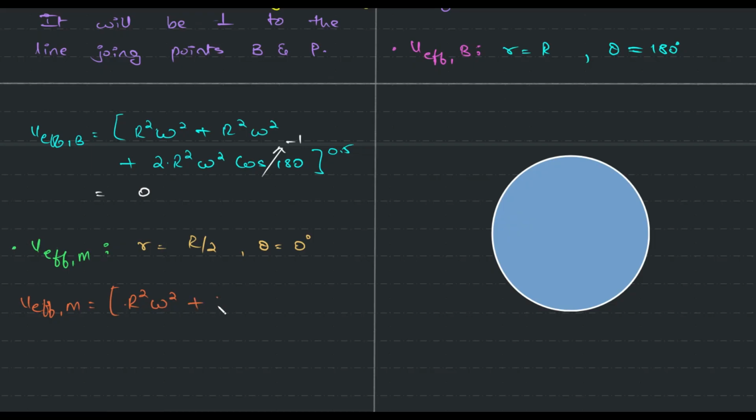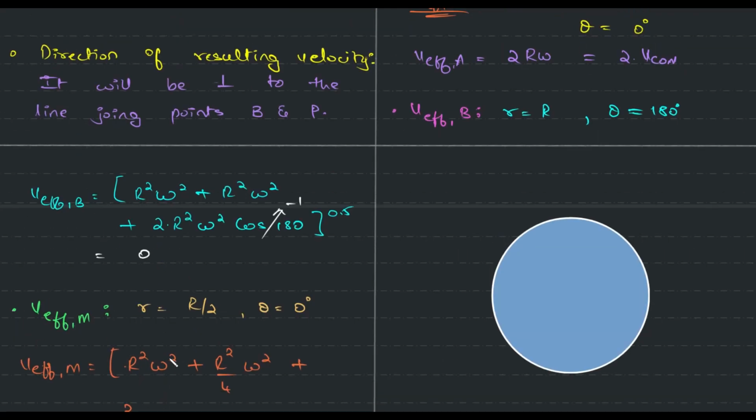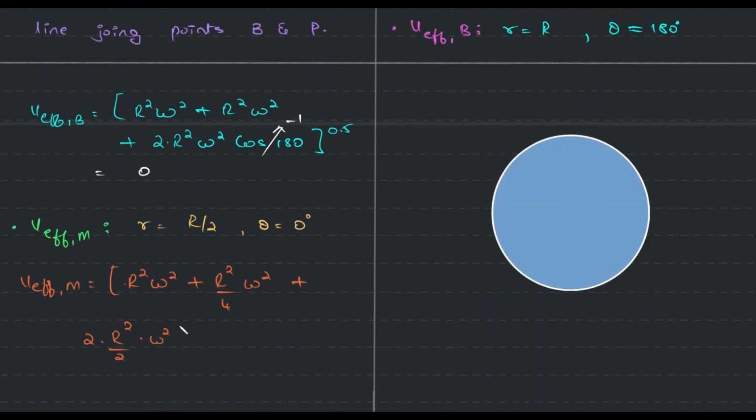And this will be R square by 4 omega square, right? Plus 2R square by 2 omega square cos of 0. So that's 1. So this and this will get cancelled.